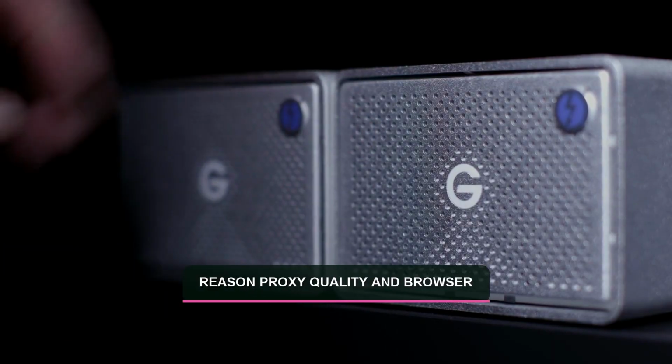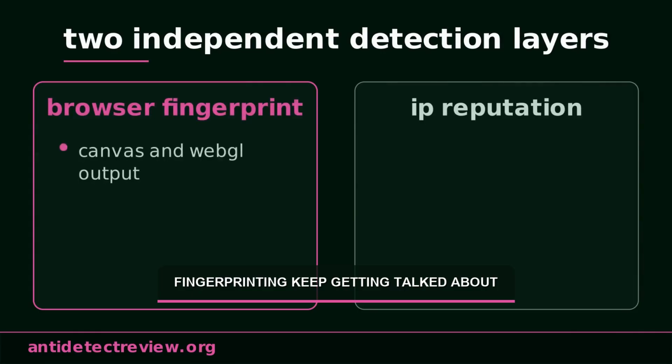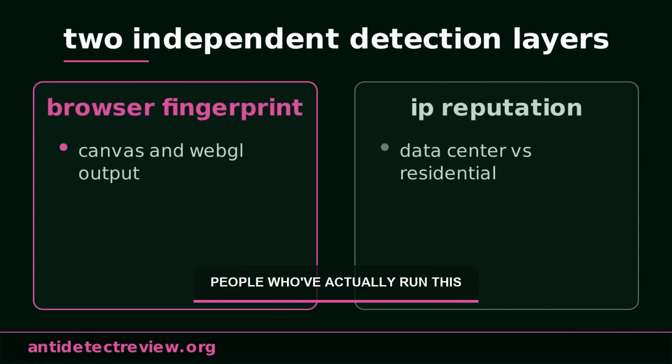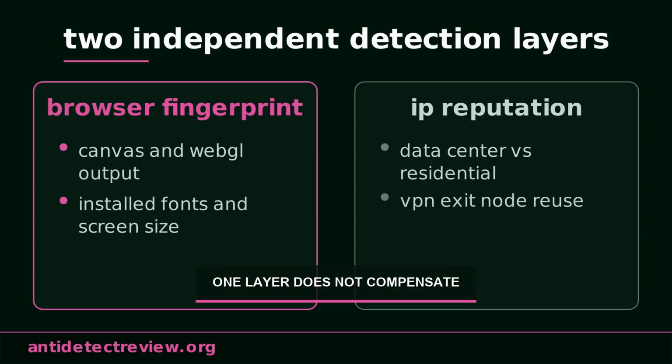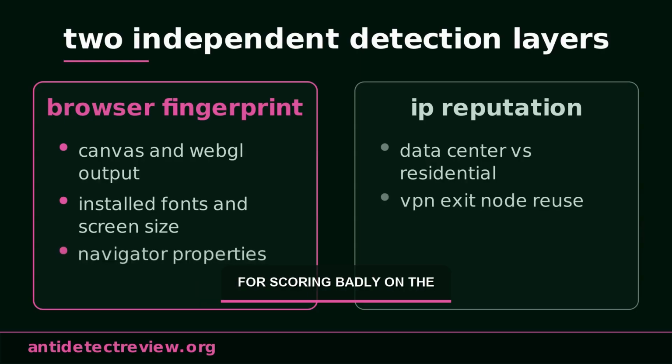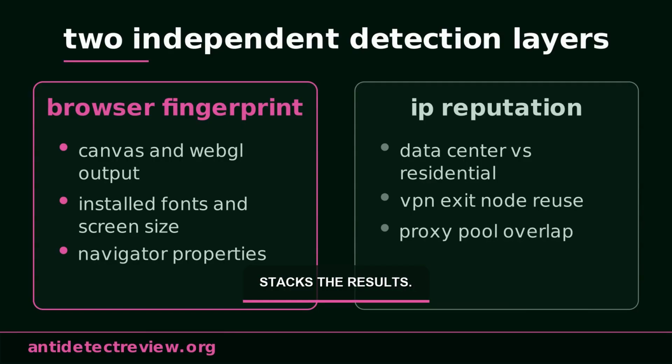That's the actual reason proxy quality and browser fingerprinting keep getting talked about in the same breath by people who actually run this stuff. They're two fully independent layers of the same detection stack, and scoring well on one layer does not compensate for scoring badly on the other. Cloudflare weighs them separately and stacks the results.